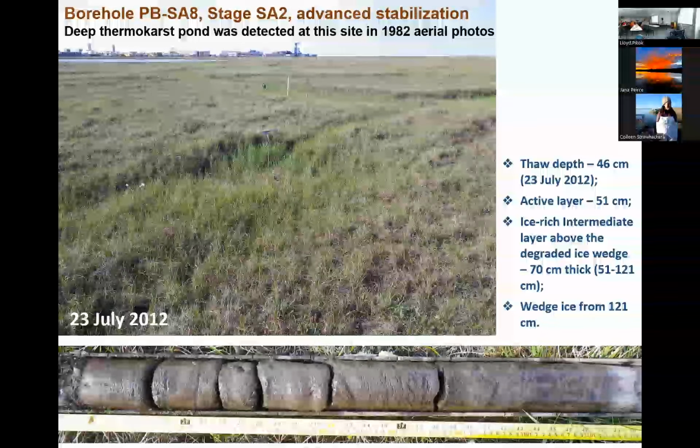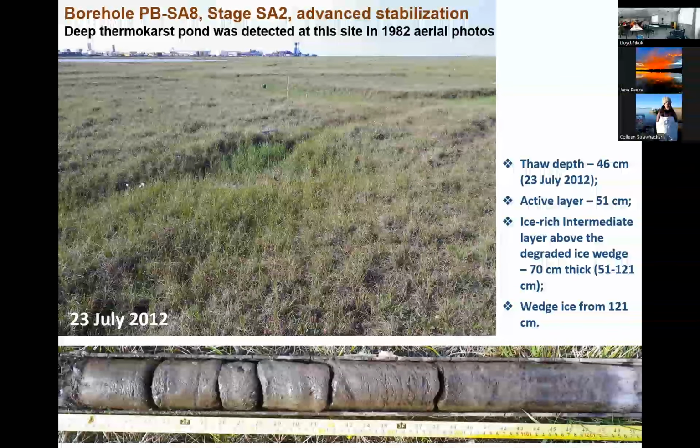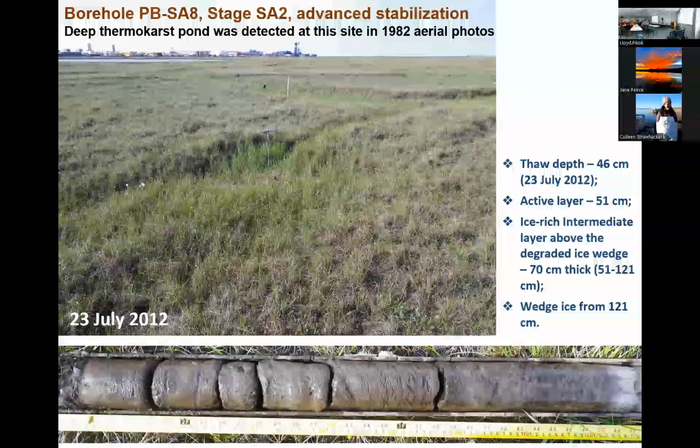And here we have about a 70 centimeter thick layer of ice-rich soil. You can see the core at the bottom of this slide, rather ice-rich soil, what we call the intermediate layer. And it protects this ice wedge perfectly well. So no more degradation for this wedge until a new ice wedge develops at this place. It will be close to the surface, but it will probably take hundreds of years.